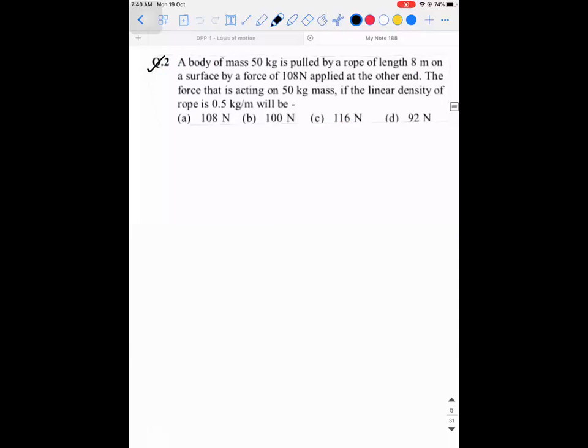So there is an object of mass 50 kilogram pulled by a rope of length 8 meter on the surface of a floor, by a force of 108 Newton applied at the other end. Find the force that is acting on the 50 kilogram mass if the linear density of the rope is 0.5 kilogram per meter.